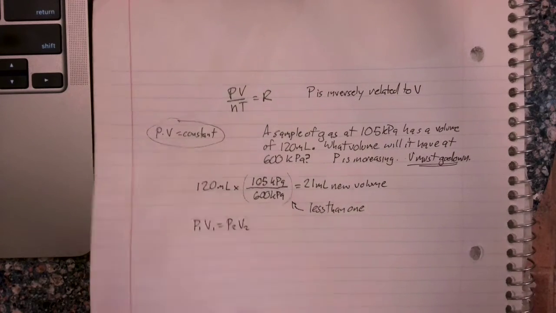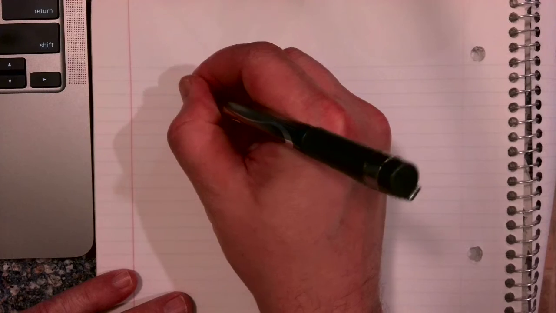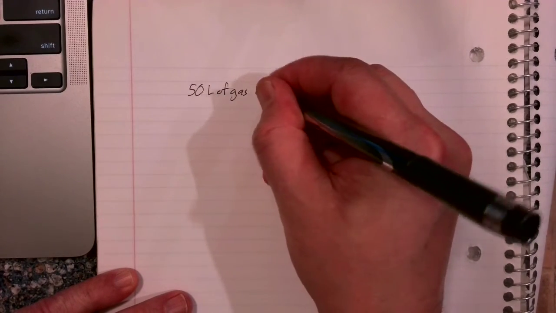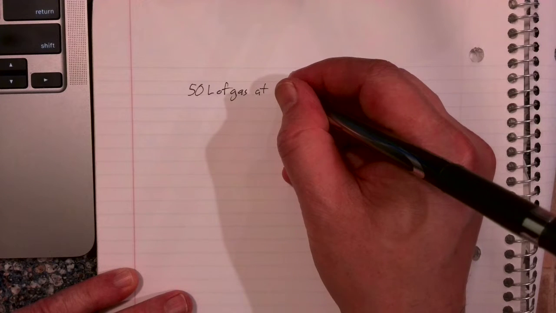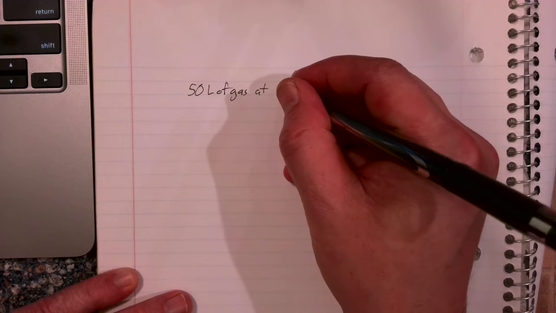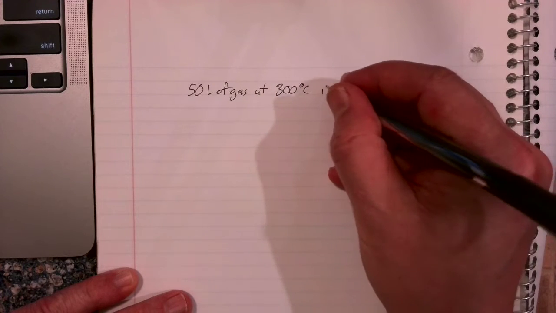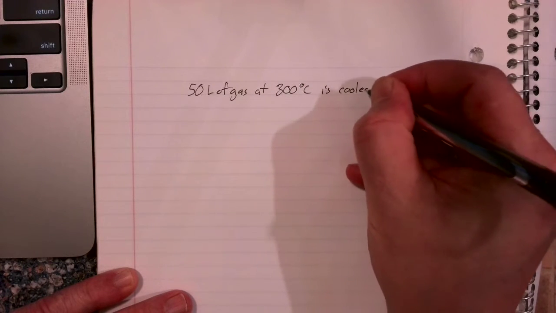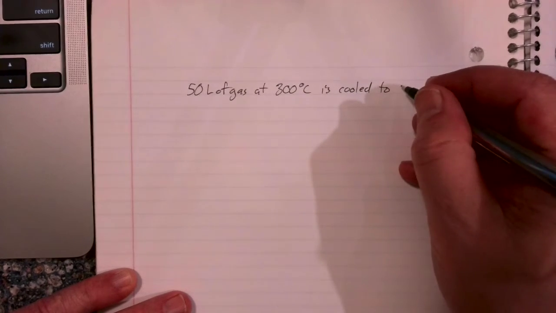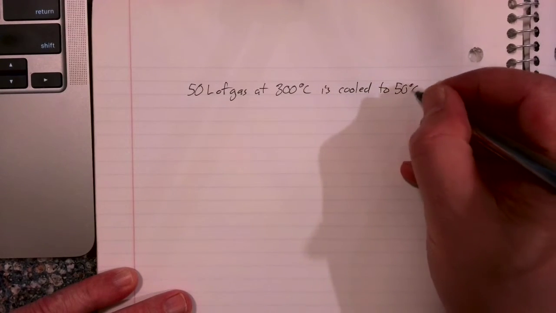So just to go over it one more time, let's suppose we have a problem something like, 50 liters of gas at 300 degrees Celsius is cooled to 50 degrees Celsius.